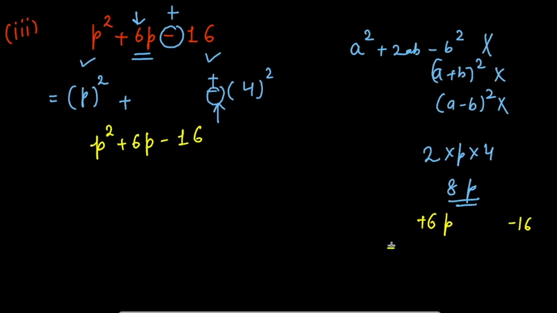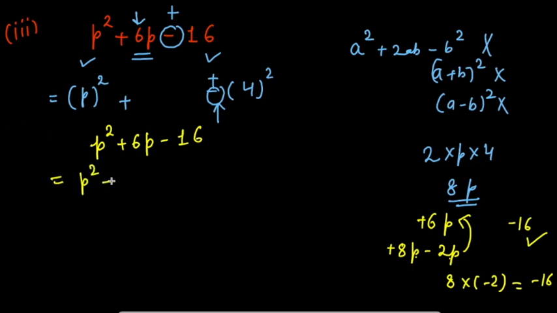What it can be? Plus 8p minus 2p. So you see I'm getting 8p minus 2p is 6p, and if I multiply 8 with minus 2 I am getting minus 16, which is the same number. So it means the equation can be p square plus 8p minus 2p minus 16.